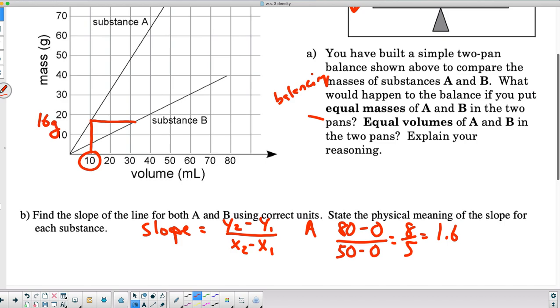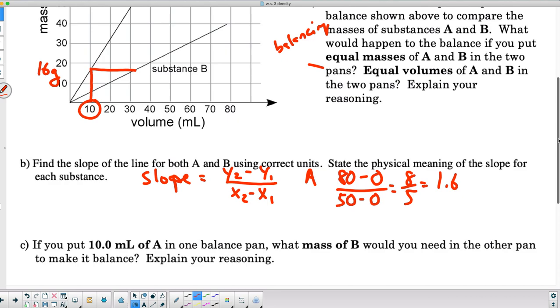That's my estimate. 16 grams of A. What mass of B would you need in the other pan so that it balances? To make it balance means 16 grams of A, you'd have to put 16 grams of B in the other pan. And that's it.